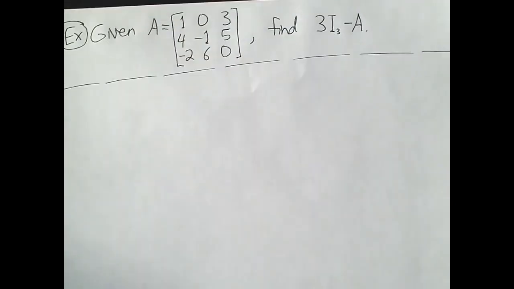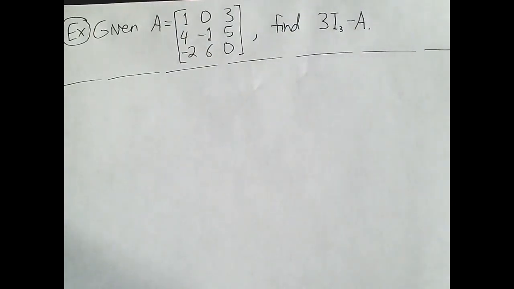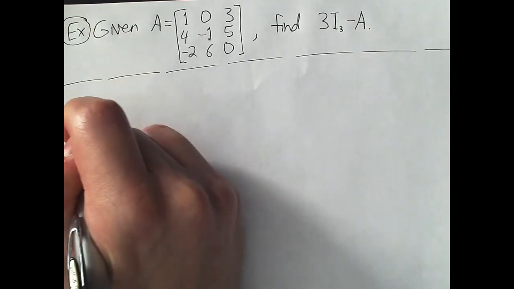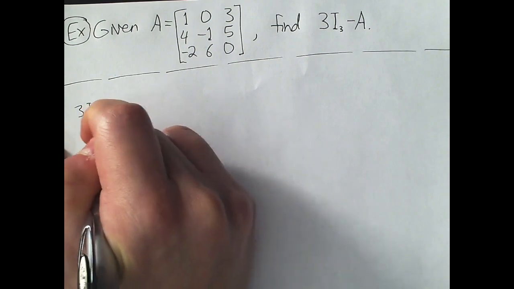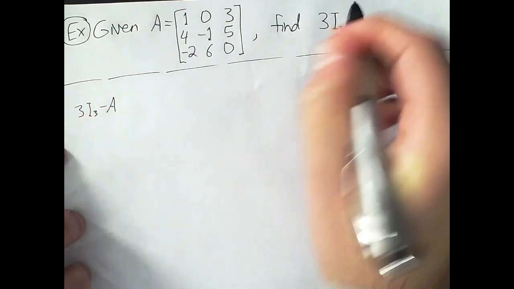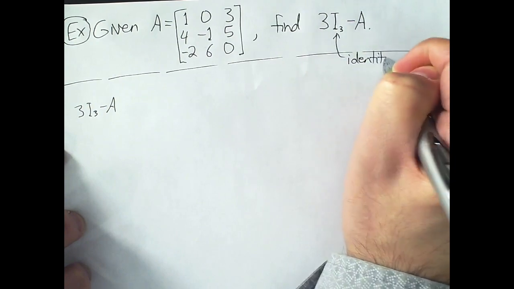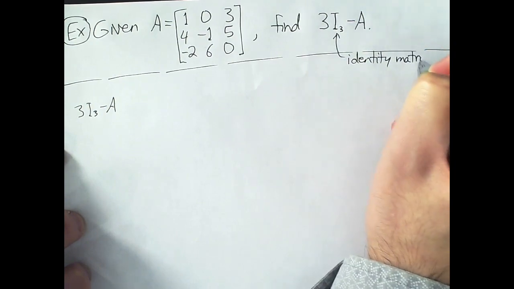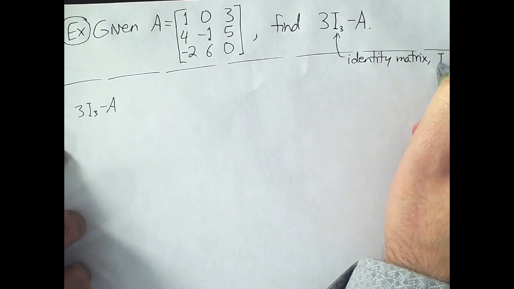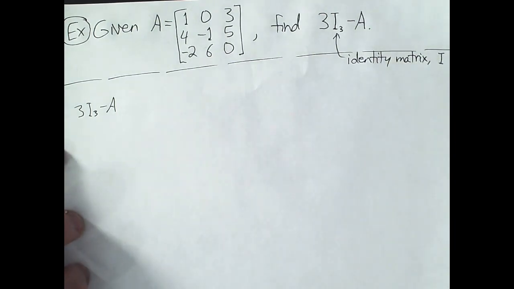Okay, I'm going to move this up, get rid of the old page. So 3I3, that's the identity matrix, right? The identity matrix could also just be called I. We could have just said 3I minus A here.